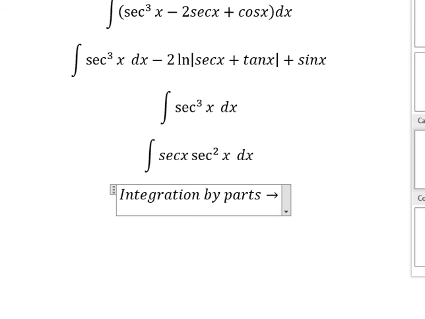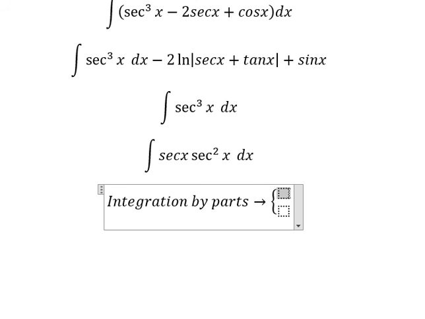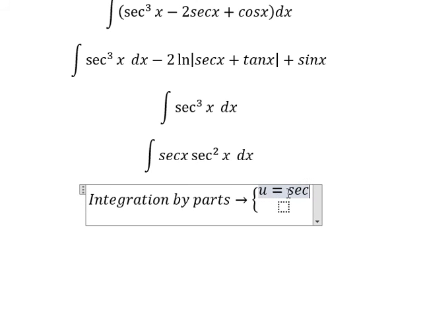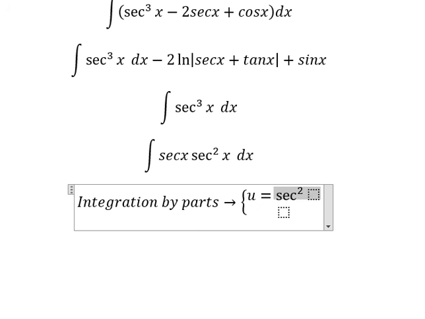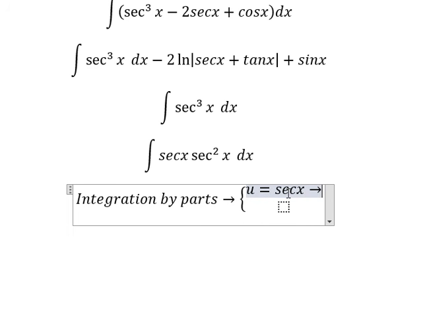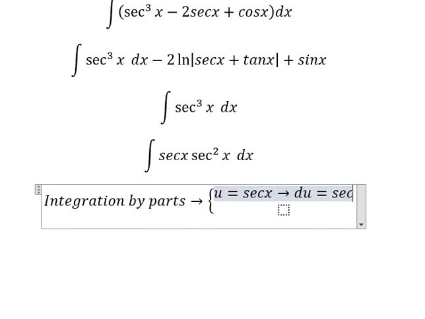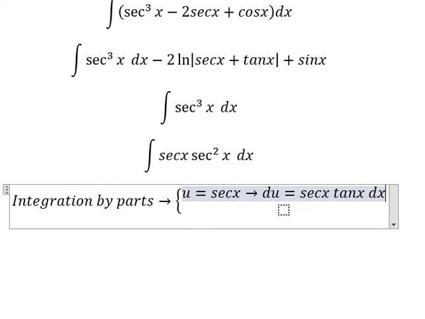So we have u equals secant of x. If we take the first derivative of both sides, you get du equals secant of x tan x dx. dv is secant of x squared dx. If we do this integration, we get v equals tan x.